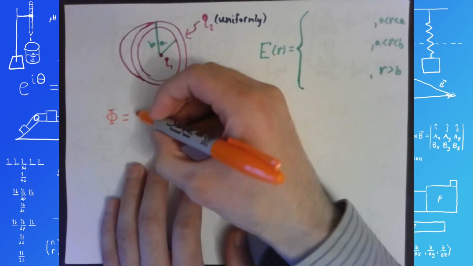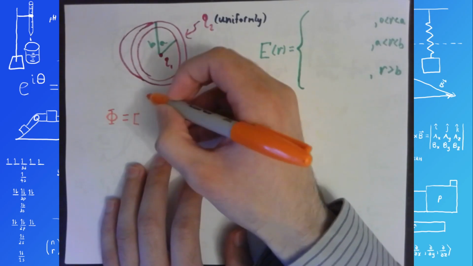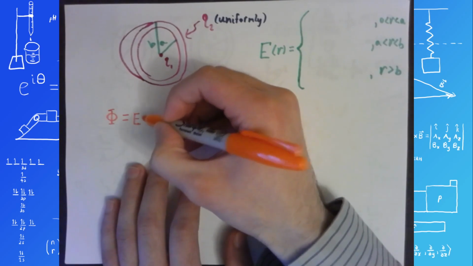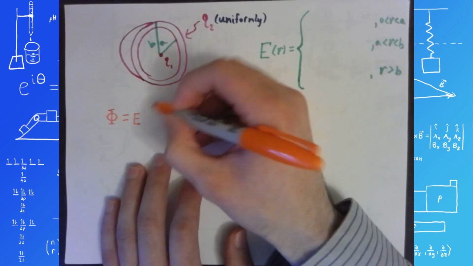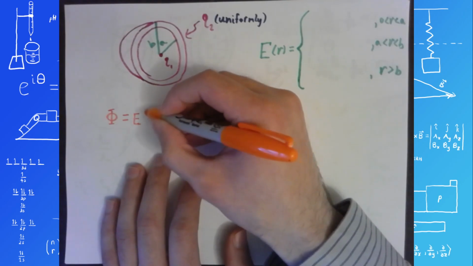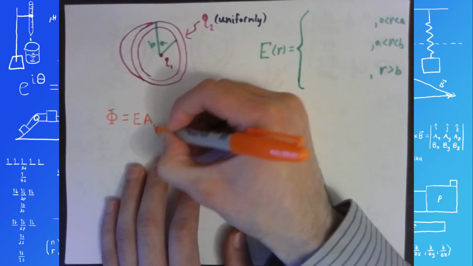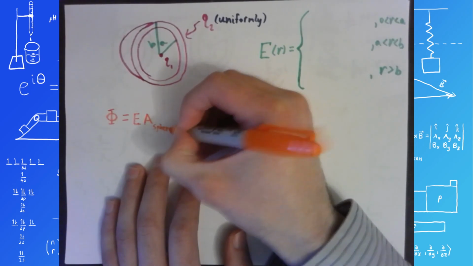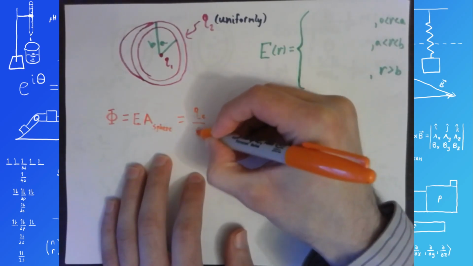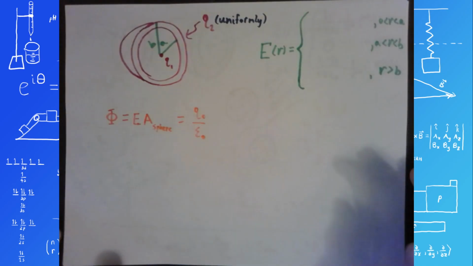So let's see, total flux equals the integral of E dot dA, and we justified last time because of symmetry that it just becomes the integral of E times dA, and if you integrate the dA, then you just get the area, in this case of our Gaussian sphere, equals charge enclosed over epsilon 0, or epsilon naught if you prefer.